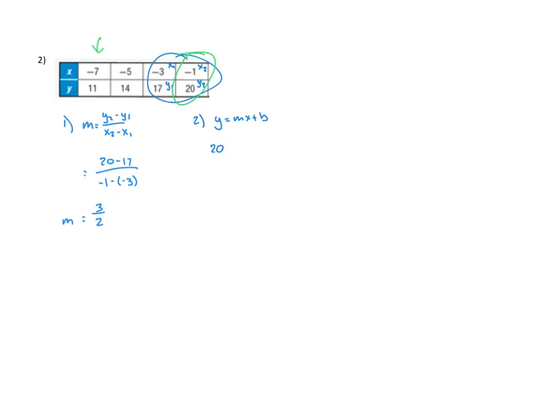So I have 20 is equal to 3 over 2 times negative 1 plus b. And even though I just picked negative 1 and 20 purely by randomness, it does work out nicely because this fraction times negative 1 just gives me a negative form of the fraction, which is kind of nice.